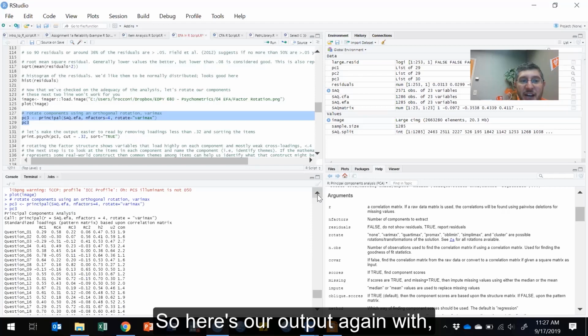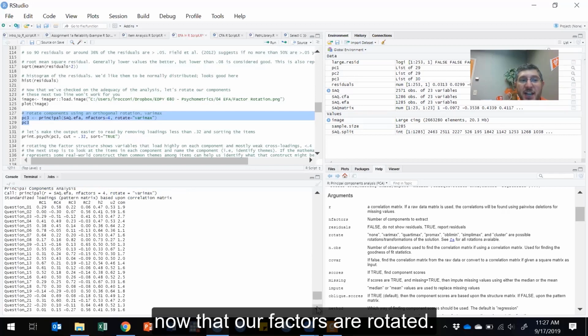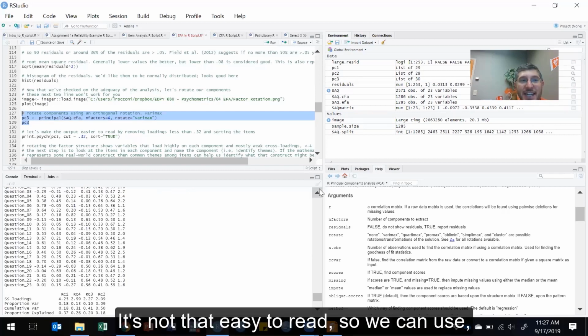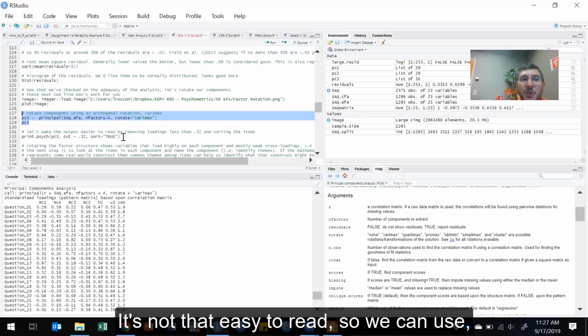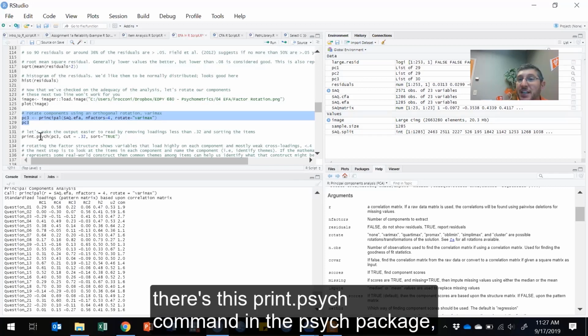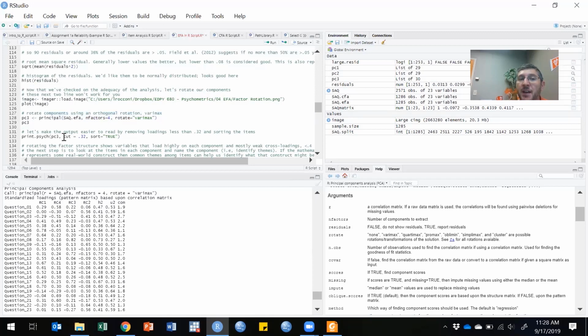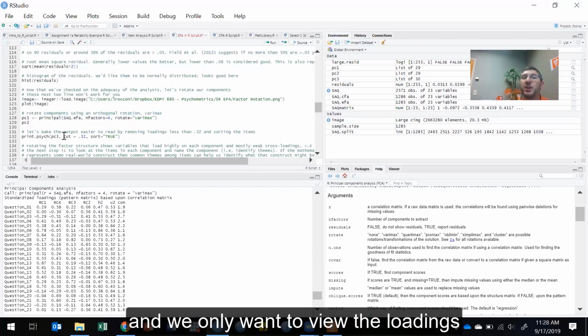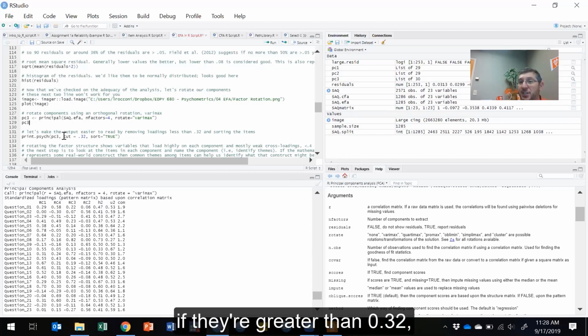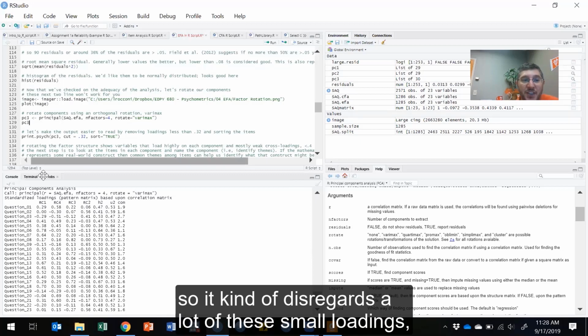So here's our output again, now that our factors are rotated. It's not that easy to read, so there's this print psych command in the psych package. We want to see our third principal component run, and we only want to view the loadings if they're greater than 0.32. So it disregards a lot of these small loadings.